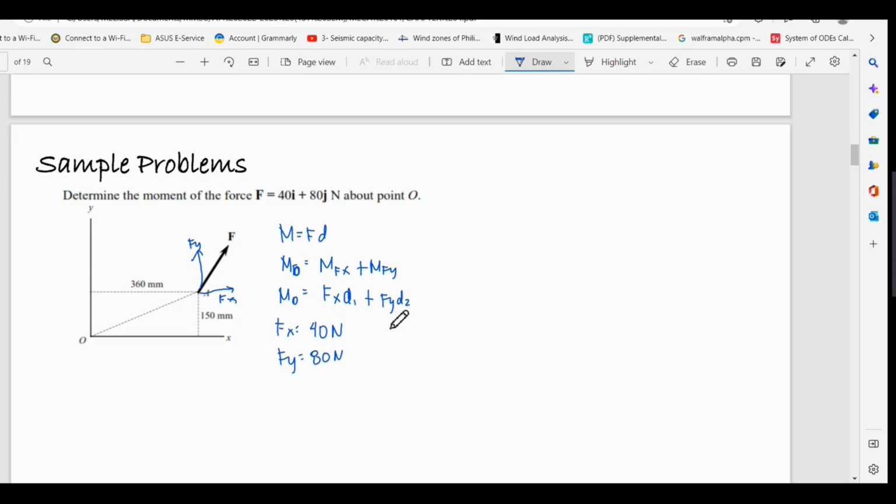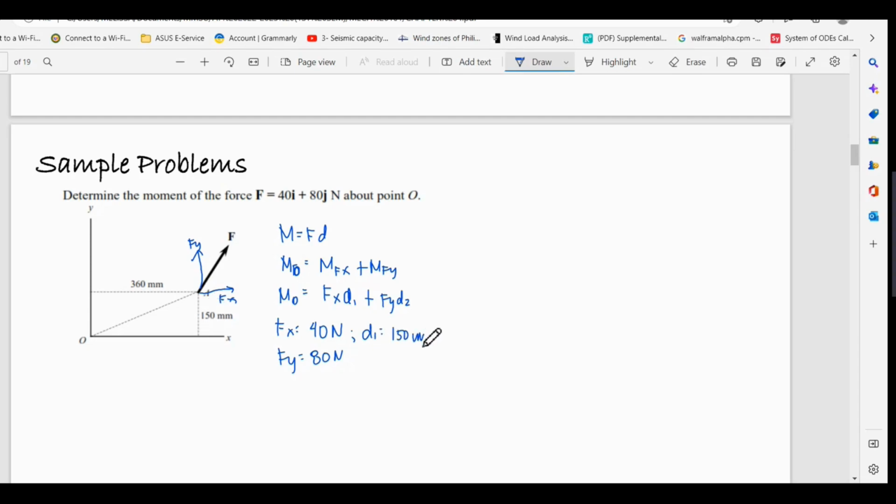Now, hanapin natin yung distances nila that is perpendicular to our point O. So, for our D1, it is Fx, perpendicular distance to our point O. Ito yan. So, we have 150 millimeter.